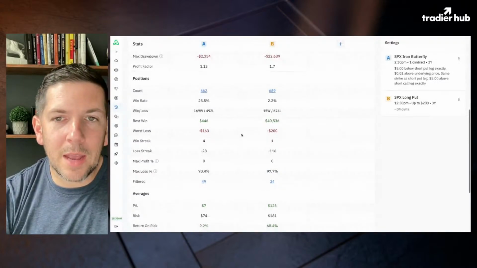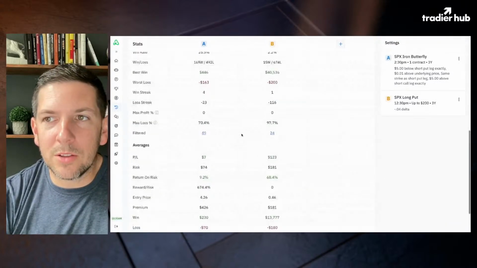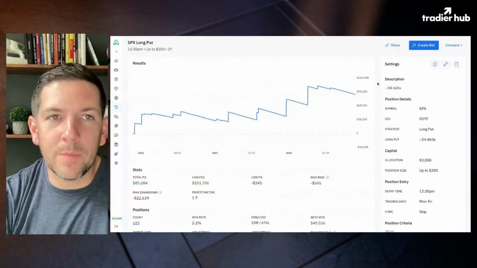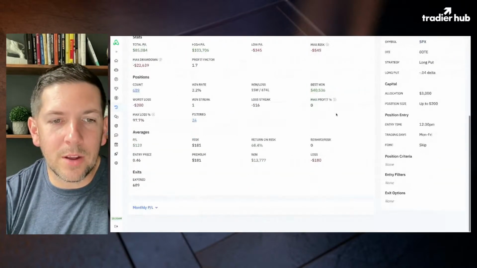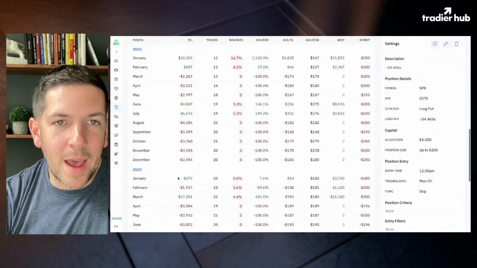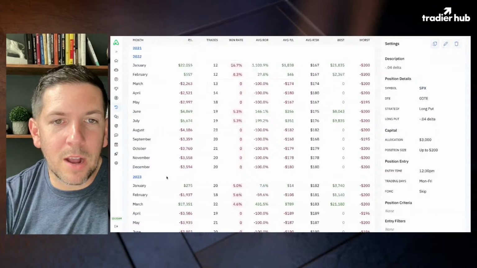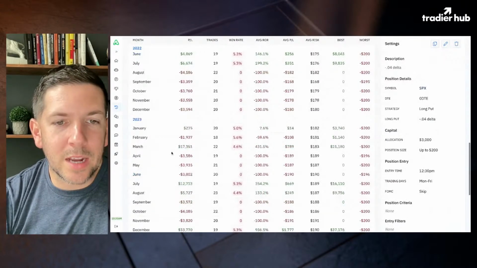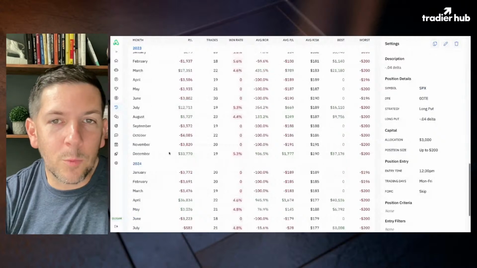If you actually go to this particular strategy itself, so if we click on this strategy and open it up by itself, we can go down here to the monthly P&L chart, and you can see basically what would have happened. You can see that for many months you were outlaying $2,000, $3,000, $4,000, and it was only a couple of months that actually turned this thing around where you had some really big wins, right?